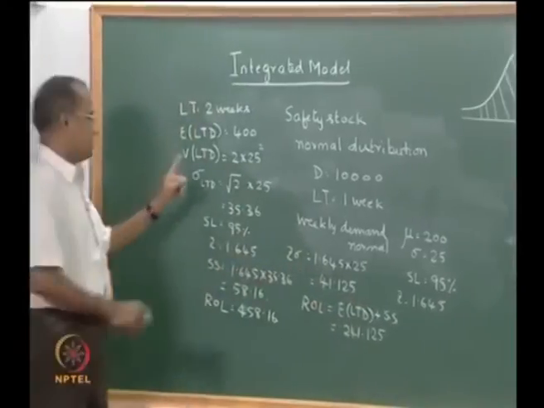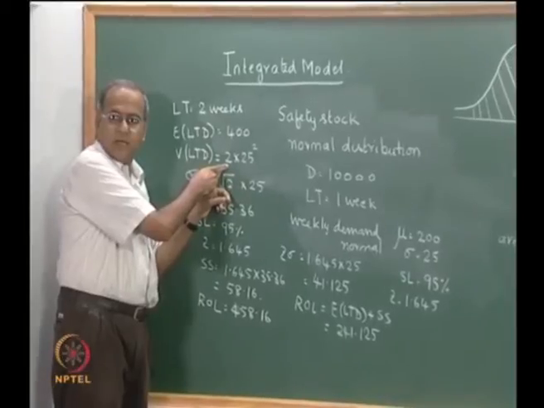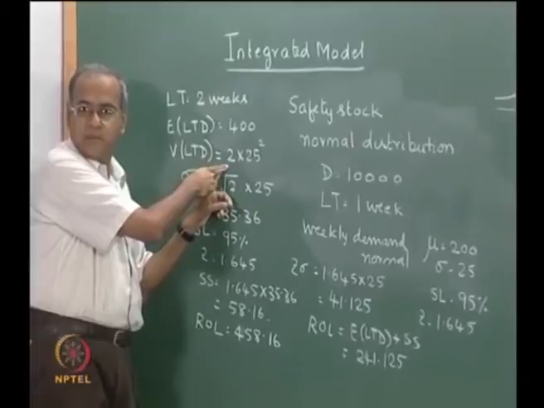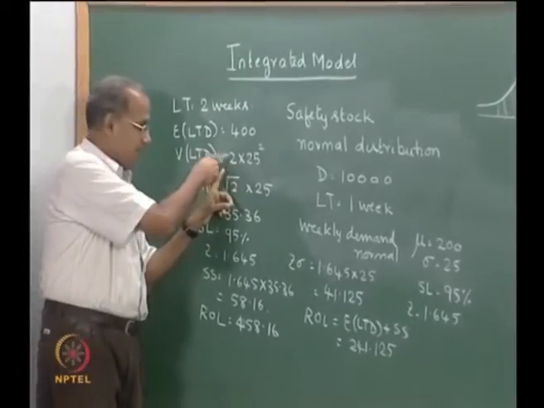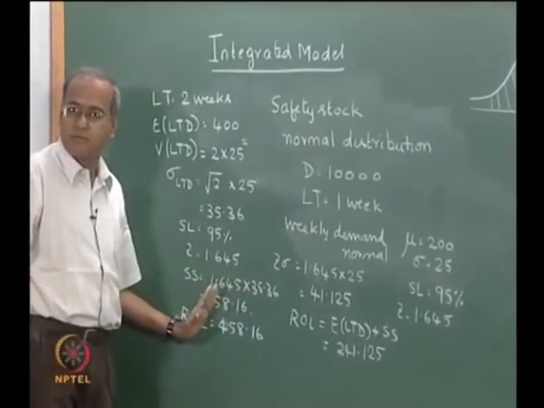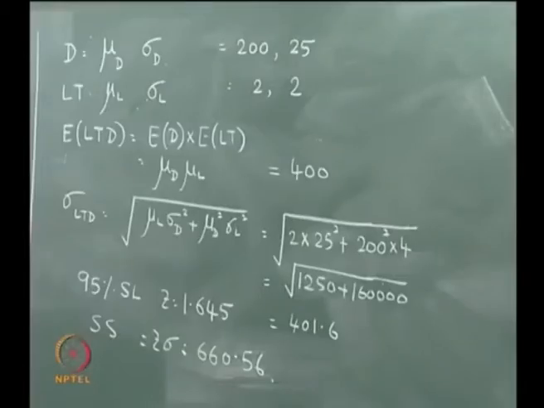Second is the lead time is slightly larger, but it is still deterministic and does not show any variation. Now in this case the safety stock moves up a little bit from 41 to 58. The third scenario is when the lead time shows variation, automatically the safety stock shoots up.